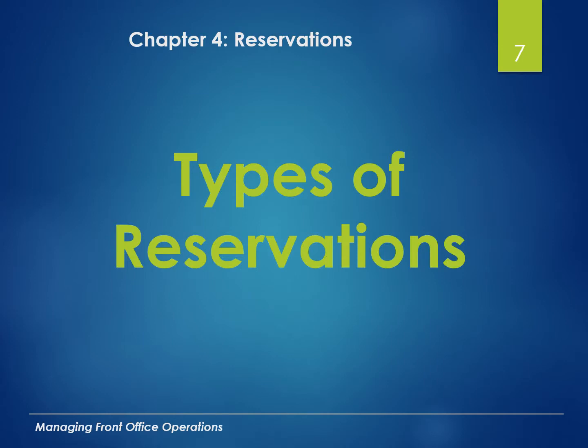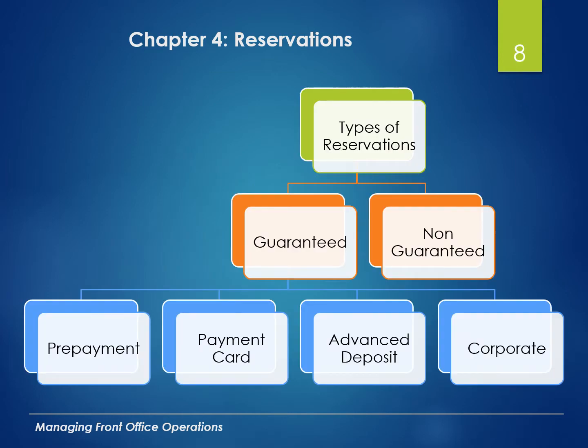All right, so let's talk about the different types of reservations. The two main types of reservations are guaranteed and non-guaranteed. Essentially, with a non-guaranteed reservation, a guest can call and make a reservation.